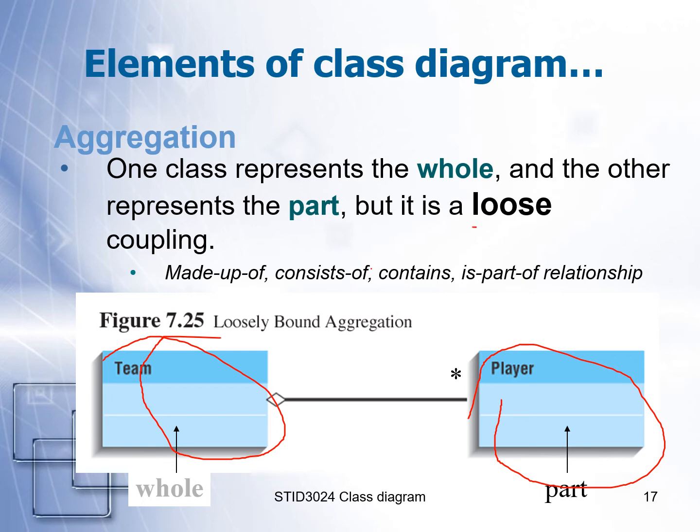But it is loose coupling. What does that mean? Let's say you decided that you want to remove the player class. You remove it, and it does not affect the team class. That is what it means by loosely coupled.